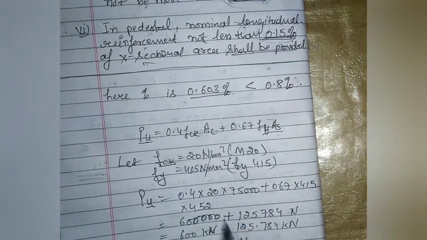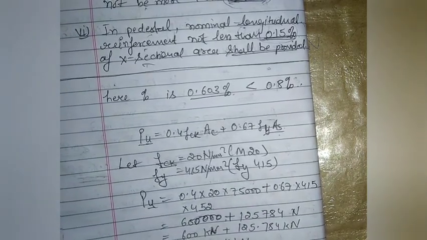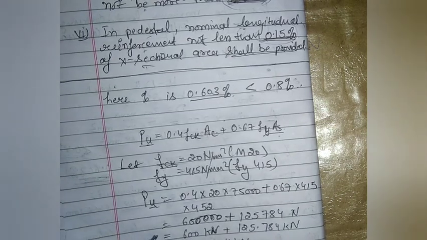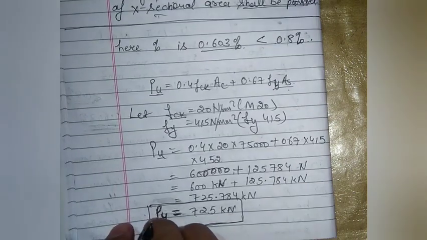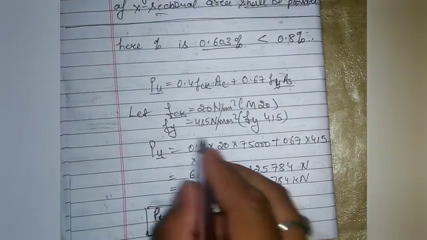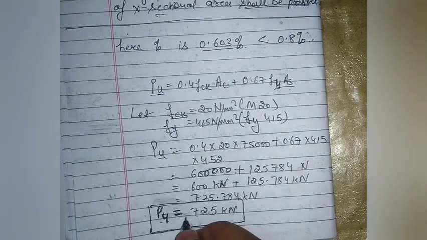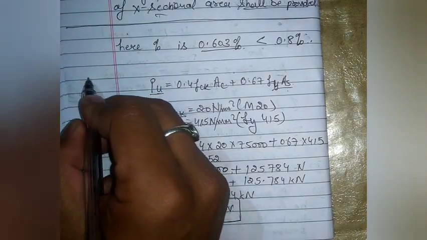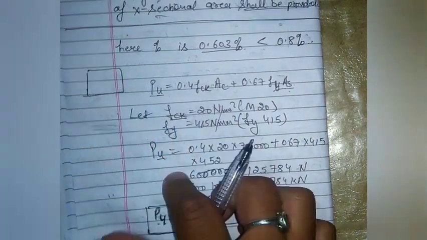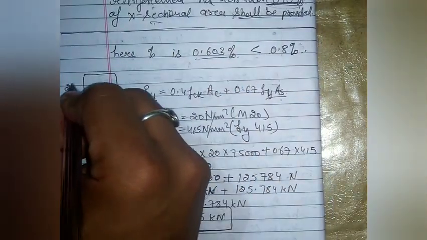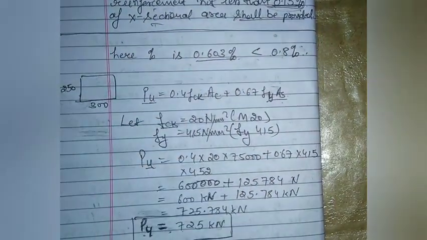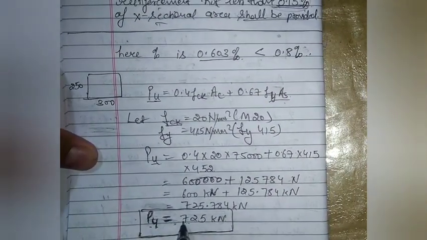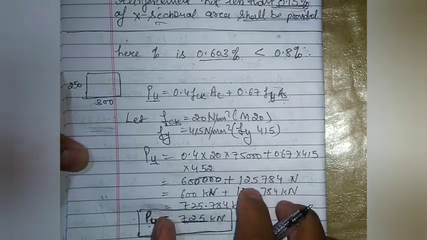We'll put the values here and we get Pu as 725 kilonewton. So for this section, which was provided as 250 into 300, it is going to take a load of 725 kilonewton.